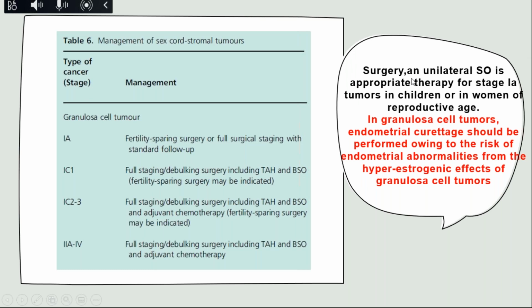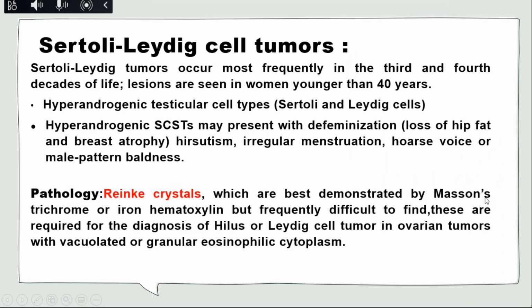In surgery, we have to do unilateral salpingo-oophorectomy, as it is appropriate therapy for stage 1A tumor in children and in women of reproductive age. And in granulosa cell tumors, endometrial curettage should be performed owing to the risk of endometrial abnormalities from the hyperestrogenic effects of granulosa cell tumors.